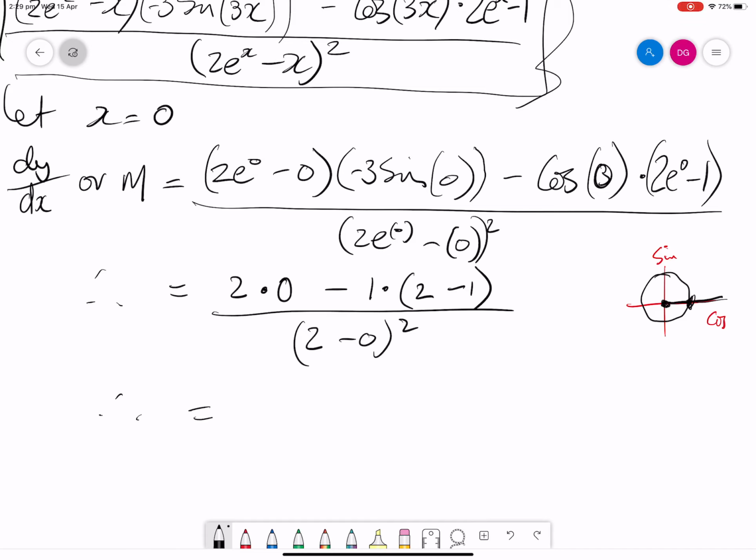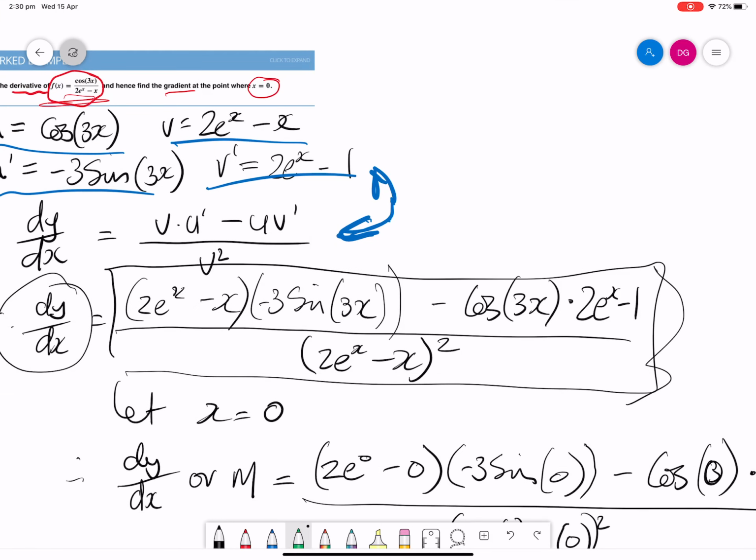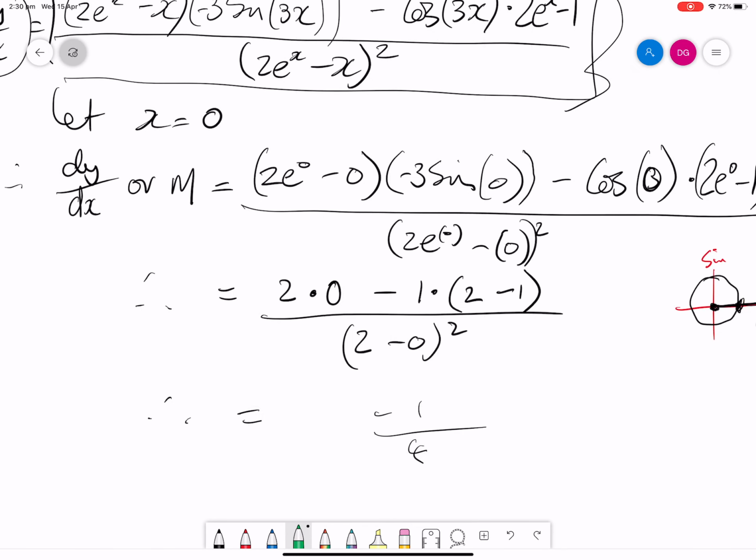Therefore, that equals 2 times 0 is 0, minus 1 times 1 is negative 1, over 2 minus 0 squared, which is 4. So the answer to that question of the gradient when x equals 0 is negative 1/4.